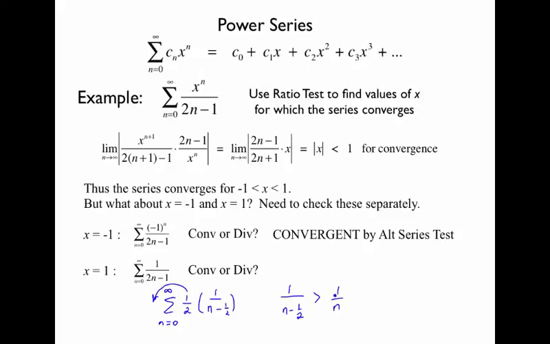This is comparison, using comparison to show divergence. This series diverges, and then you have a series all of whose terms are greater than that. Conclusion? Divergent, right? And that's what we suspected.